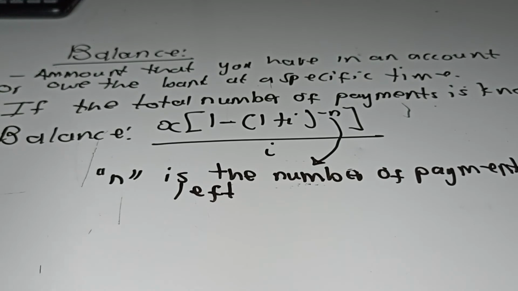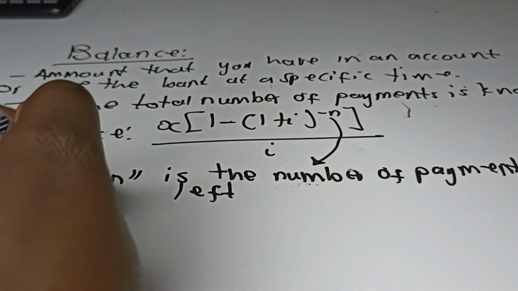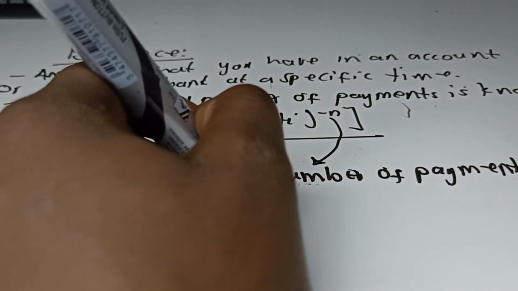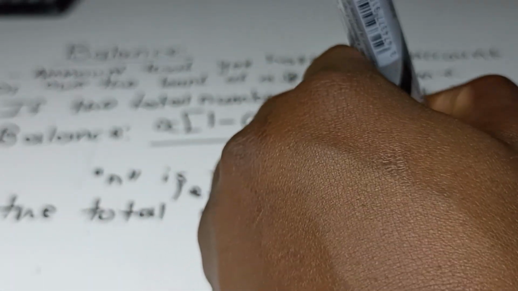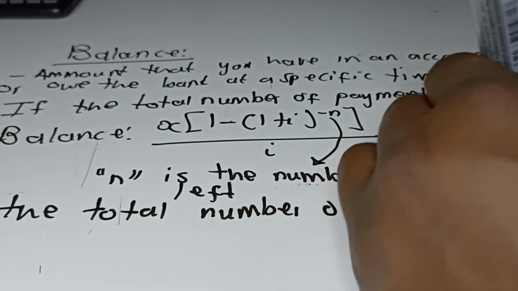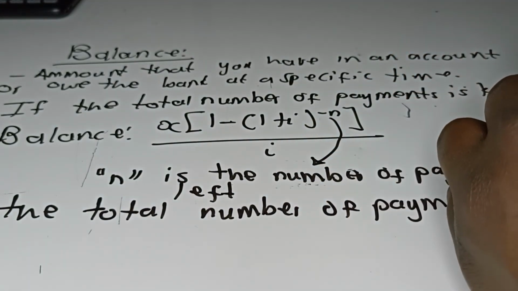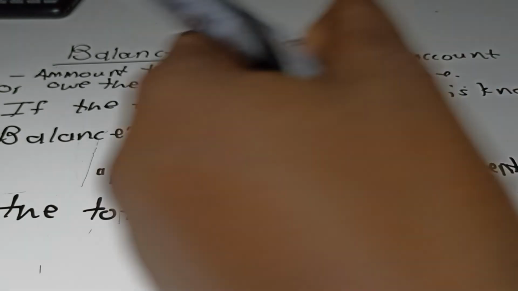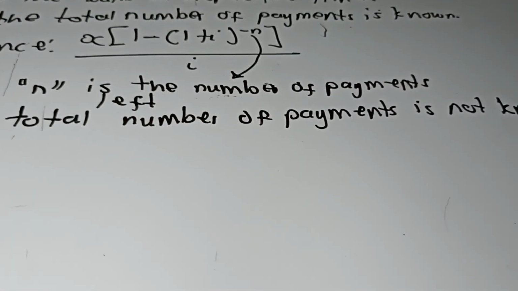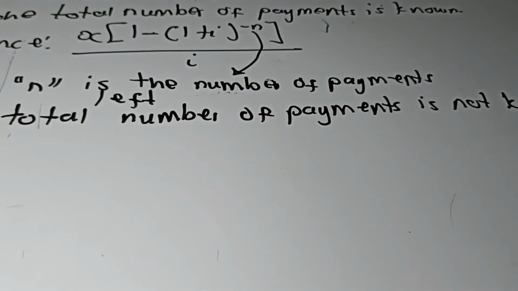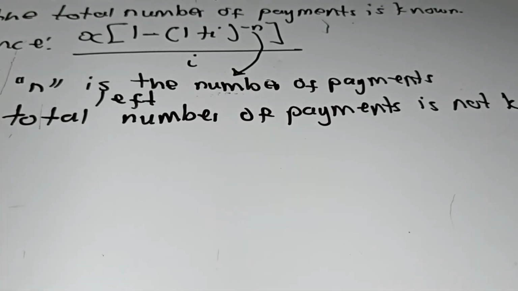So the second formula for calculating the balance is for when the total number of payments is not known. Now to calculate the balance, we're going to use this formula.